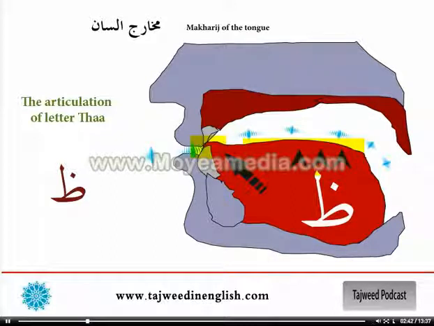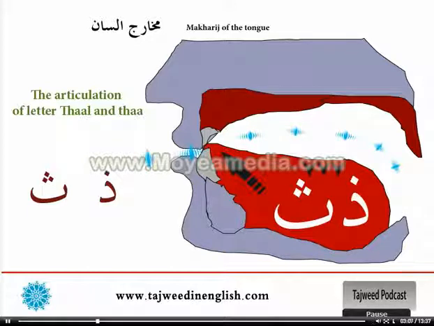The letter Dha has a full mouth, tafkhim, it has isti'la, so when we sound it, it sounds like a very heavy letter. Dha, Dha. And it is similar to Dhal.